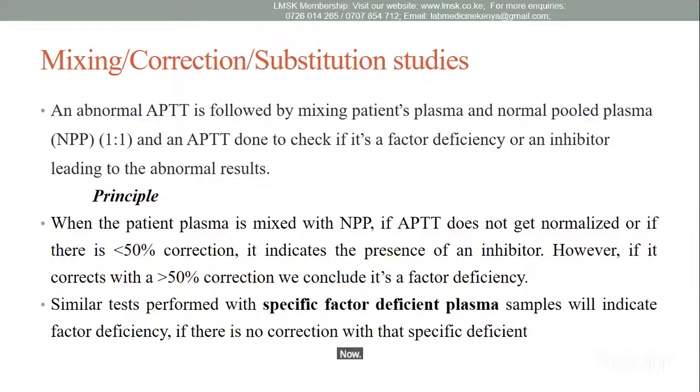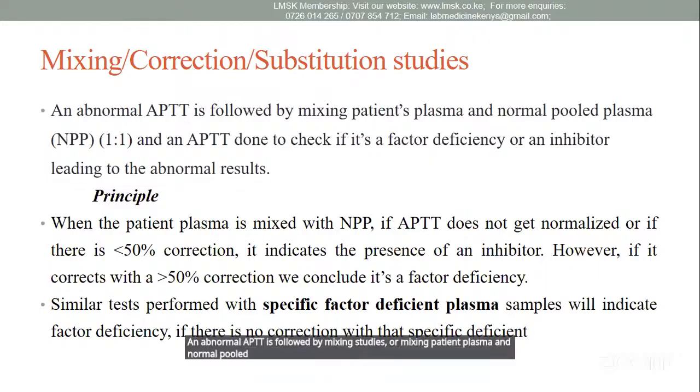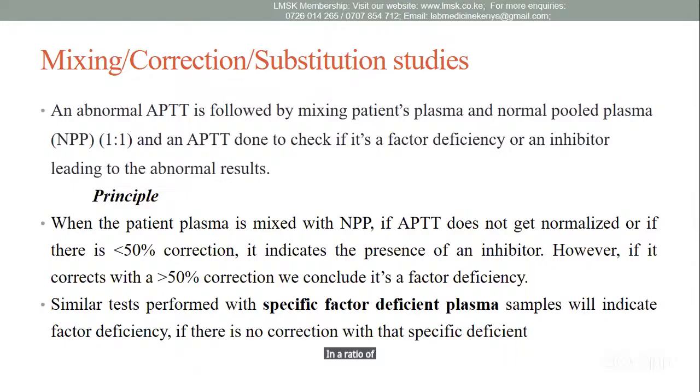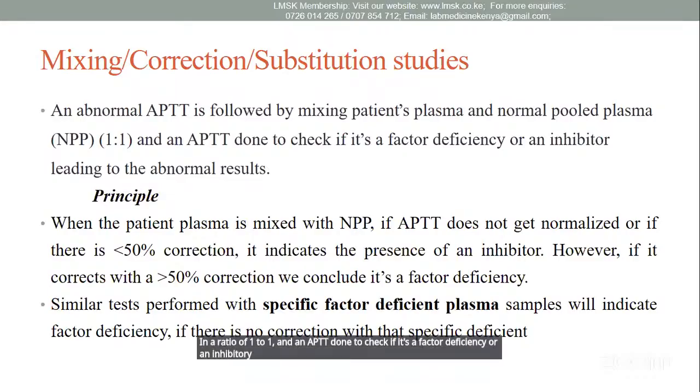Now, this is how mixing, correction and substitution studies are done. An abnormal APTT is followed by mixing patient plasma and normal pooled plasma in a ratio of 1:1, and an APTT done to check if it's a factor deficiency or an inhibitor leading to the abnormal results.